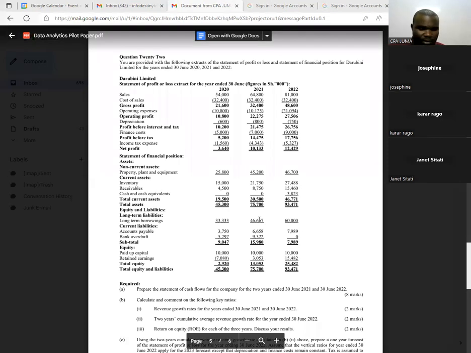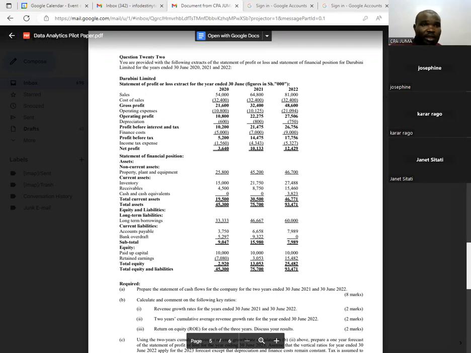Here now I assume you have the format. We sent the format sometime last week but one. So that is Darubini Limited, statement of cash flows.